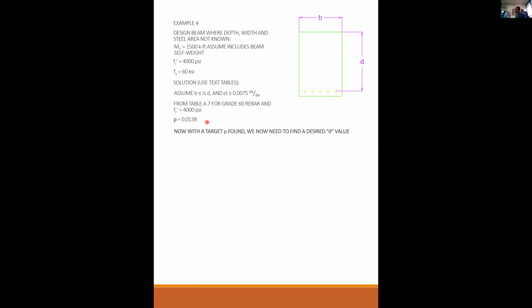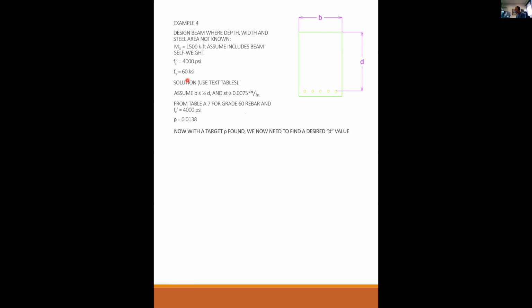What I was going to explain is, if you all open your textbooks to page 598, Appendix A7, this rho factor here might seem to be coming out of nowhere, but it's not. First of all, look at 4,000 PSI as your second column, and grade 60 is your third group of rows down.